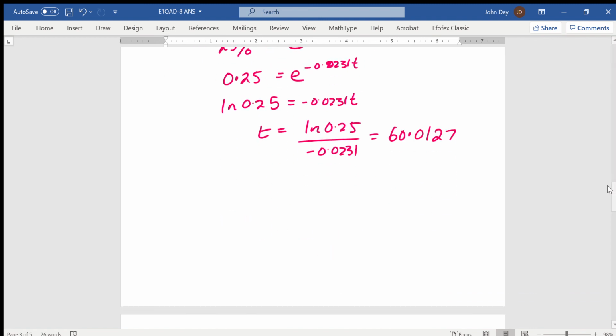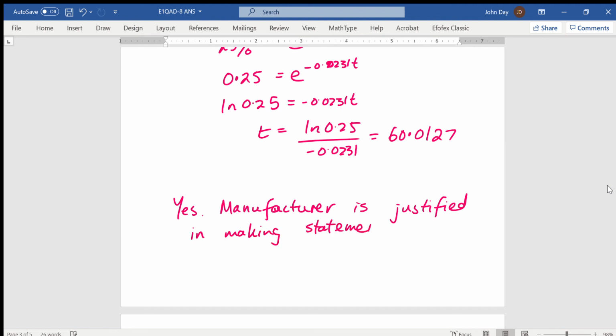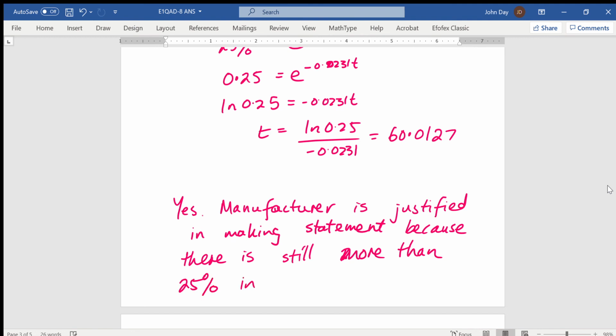So yes, the manufacturer is justified in making the statement, because there is still more than 25% in the soil after 60 days.